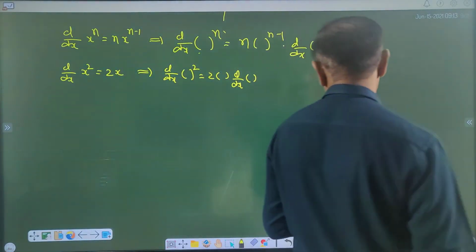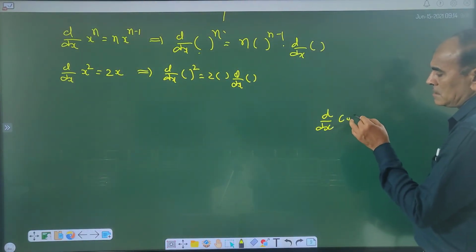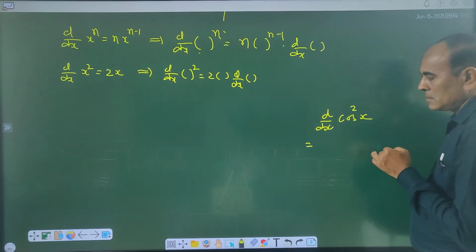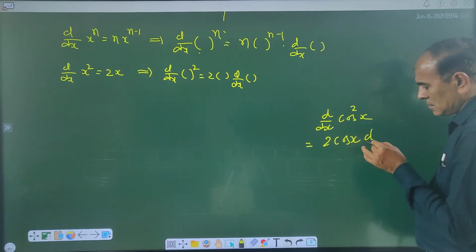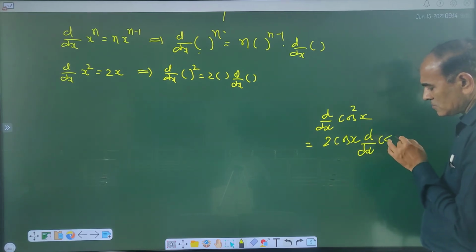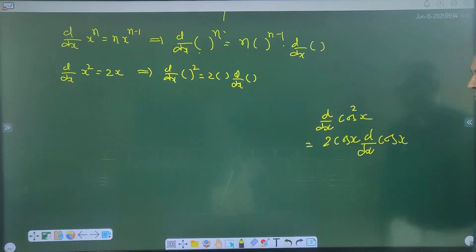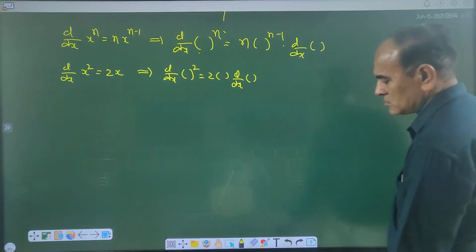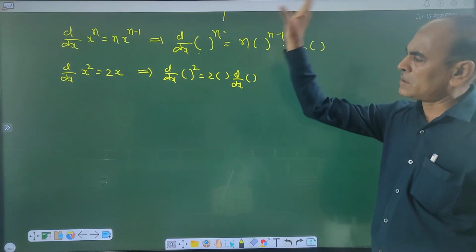Suppose we wish to find d by dx of cos square x. How do we find it? Something square: 2 times something into d by dx of cos x. And we know that the derivative of cos x is minus sin x. Yeah. So in this way we are going to use those forms. So now I am going to give a particular example. First of all, write down all the standard forms.